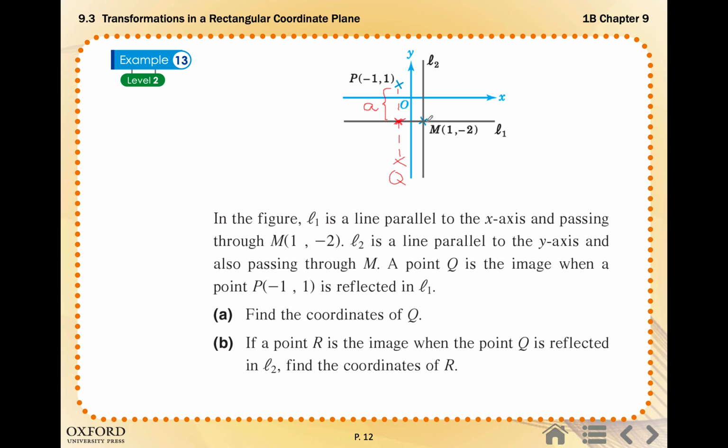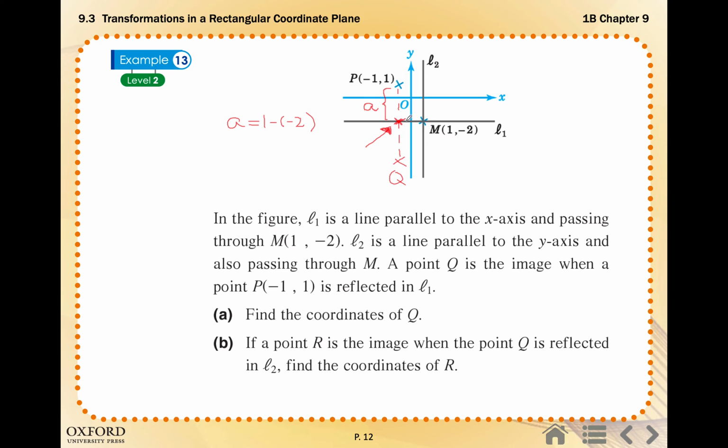M and this point are lying on the same horizontal line. That's why their y coordinates should be the same. So the distance between the point P and L1, that means A, should equal 1 minus -2. Because I just need to compare the y coordinates of these points. Or some of you may ask, actually, can I write down the coordinates of this point?